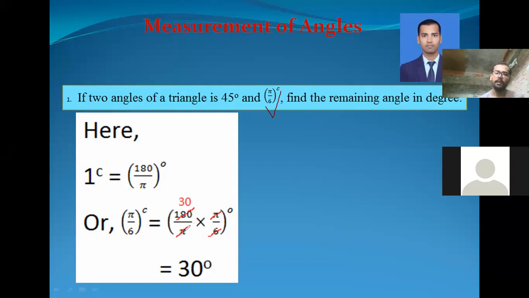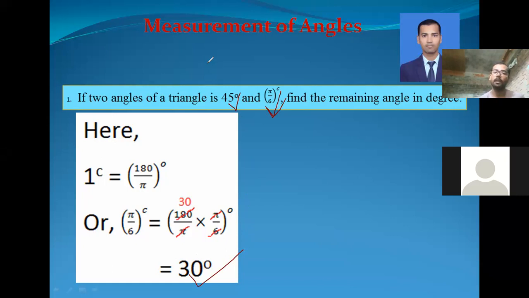After cancelling pi and 6, 3 sixes are 18, we got 30 degree as the answer for pi by 6 radian. That means now we have two angles: 45 degree and pi by 6 radian, which means 30 degree.